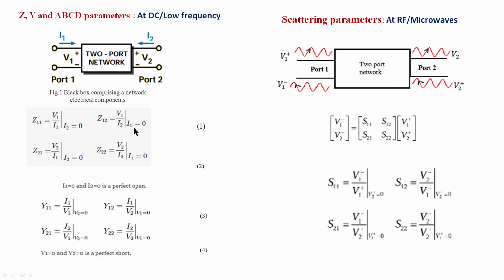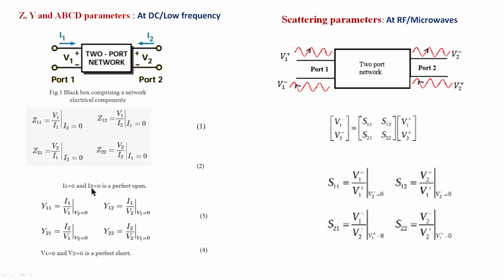You already studied that in the network analysis course. That is Z parameters, Y parameters, and ABCD parameters. What are those? Z parameters, Y parameters, and ABCD parameters. They are used to analyze the network and study the properties of the network.